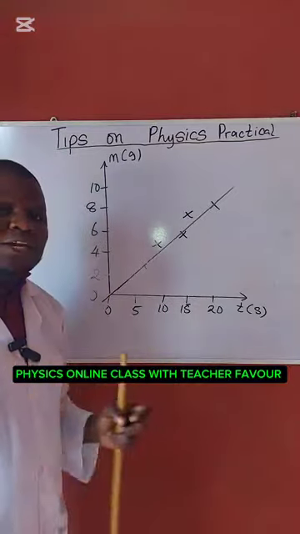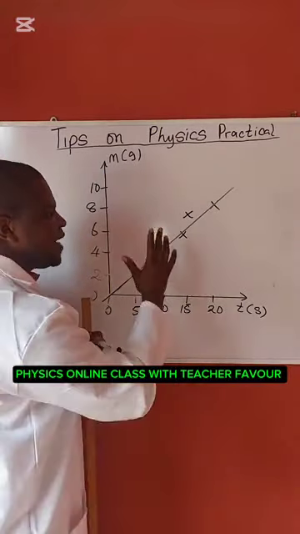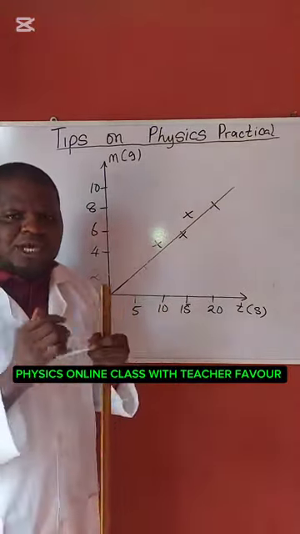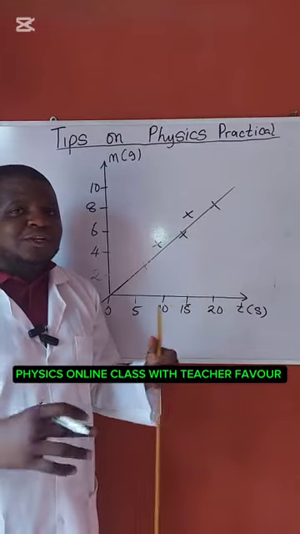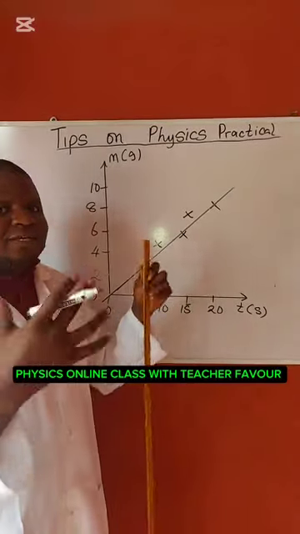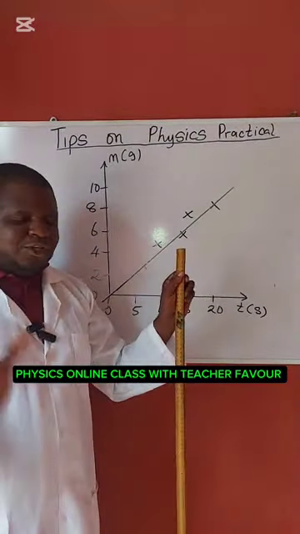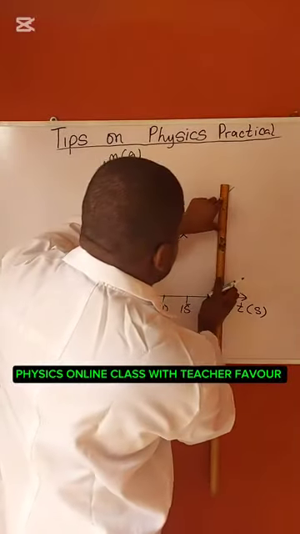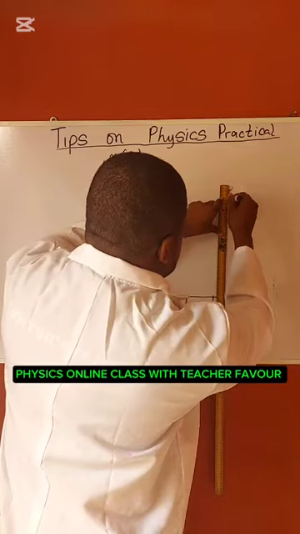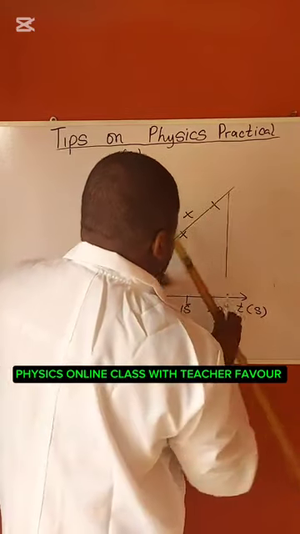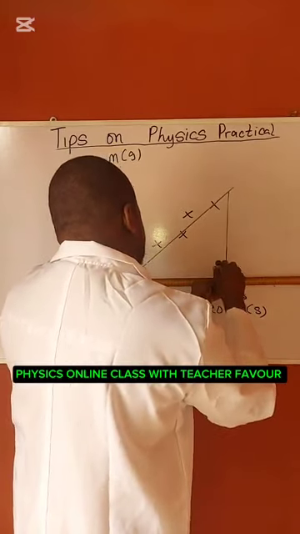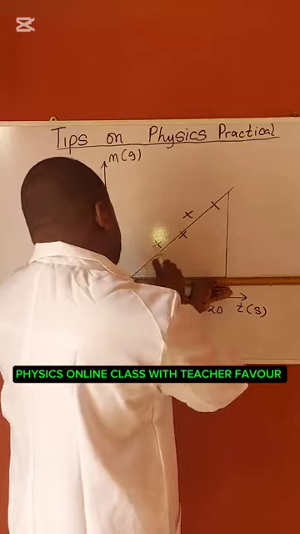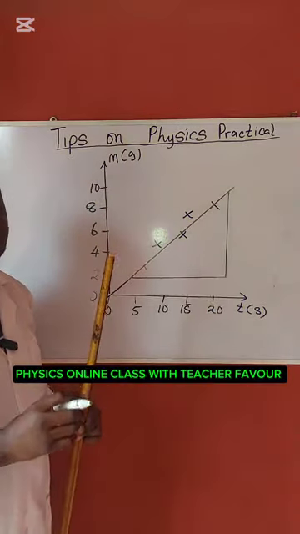It is from this line of best fit that you can calculate the slope. How do we calculate slope? Simply draw a big right angle triangle that covers 1/3 of the graph sheet, starting from any point of your choice. So I will say this is a big right angle triangle.